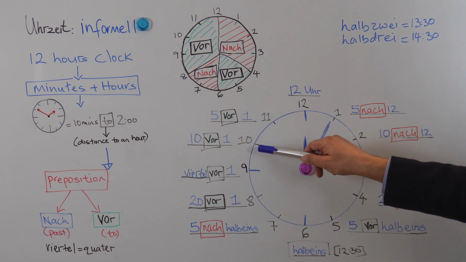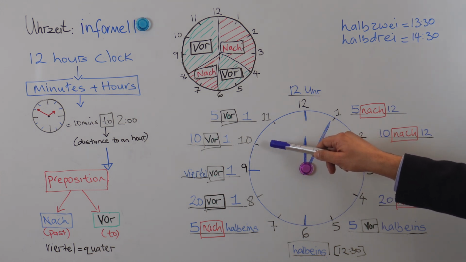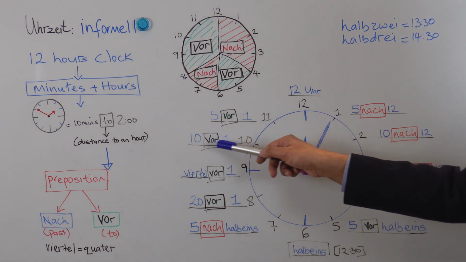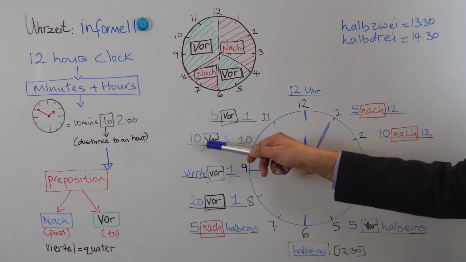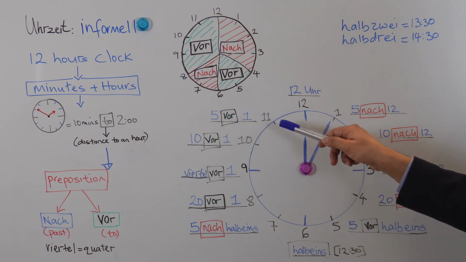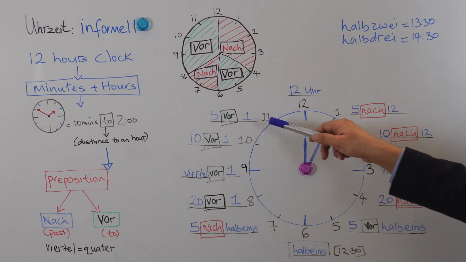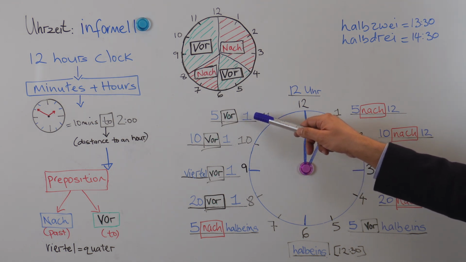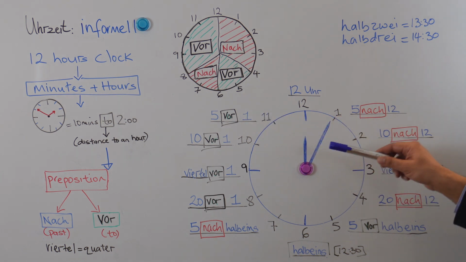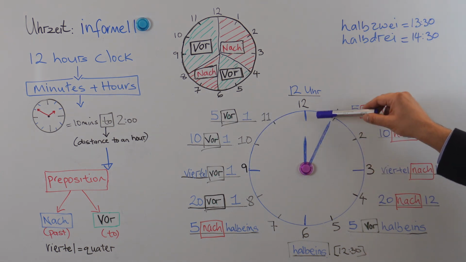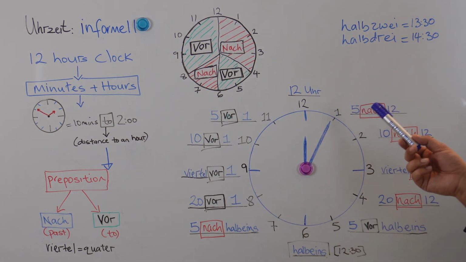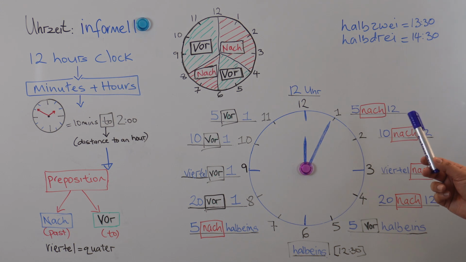As your minutes needle comes to 50 minutes, it will be 10 vor eins, 10 to 1. When you have 55 minutes, you will say 5 vor eins, 5 to 1. And when both the needles are at 12, you have 12 Uhr in German.